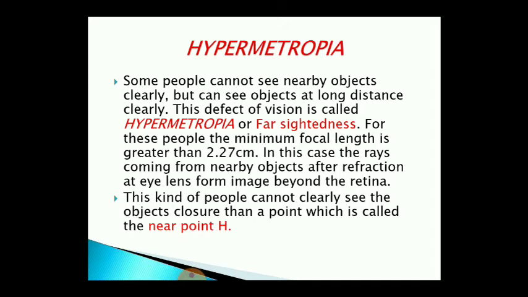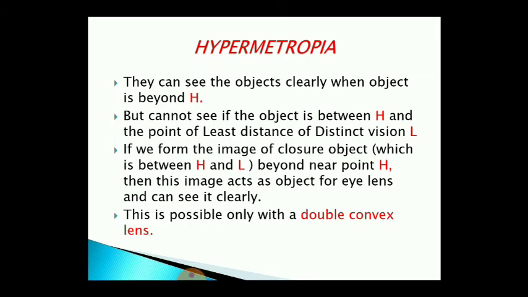Means if the object is closer than that near point, they cannot see it clearly. They can see objects clearly when the object is beyond the near point, that is noted by H, but cannot see if the object is between H and L. L is the point of least distance of distinct vision.